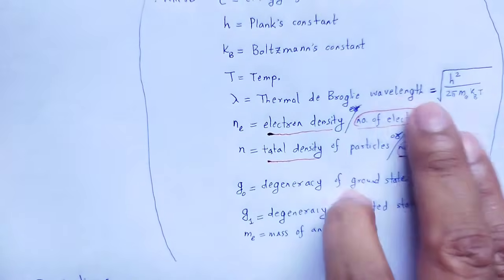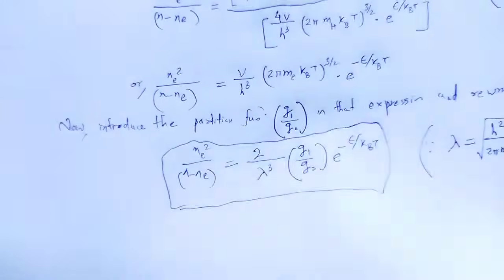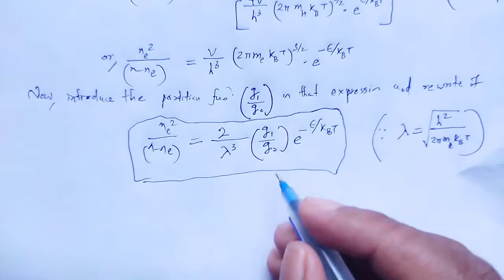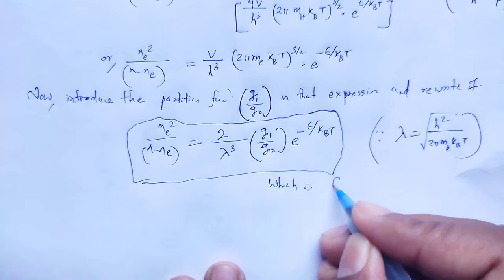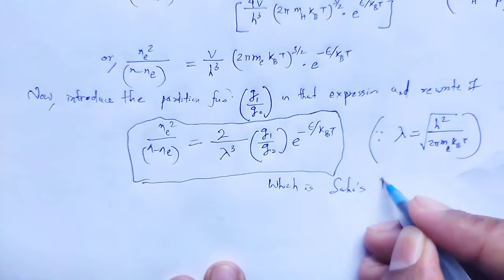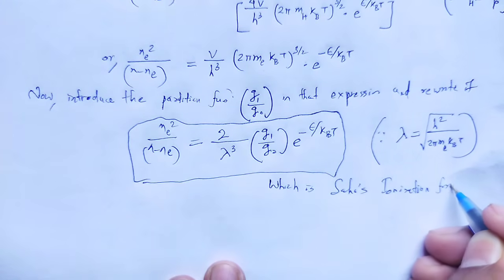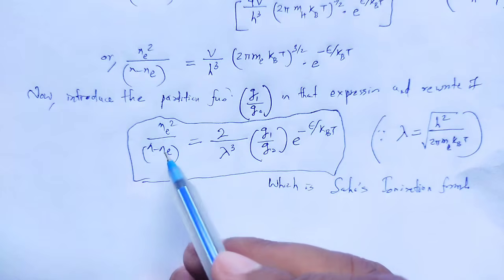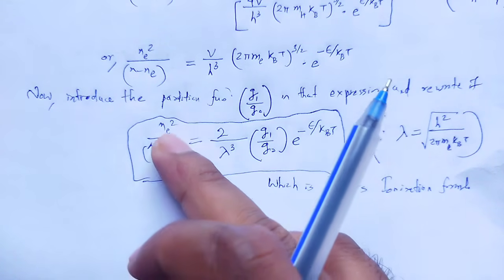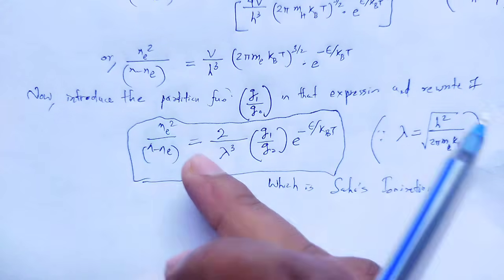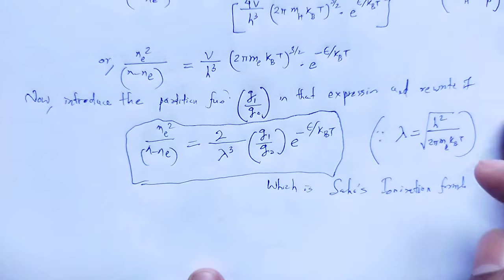First we write the value of lambda. Now, the expression which is Saha's ionization formula. n minus n_e, the number of atoms which are neutral in that system, and n_e, the number of atoms which are ionized.